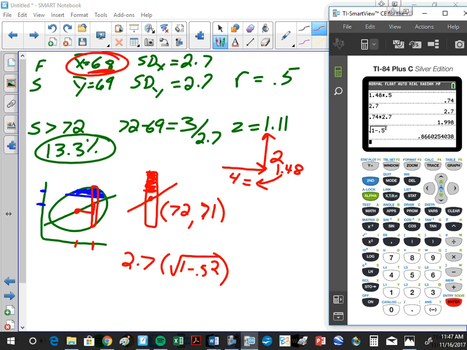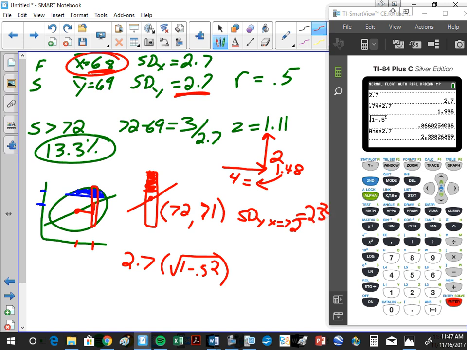So our new SD is going to be 86% of the old SD. We times this by 2.7, and we get 2.3, which we expected. The old SDY was 2.7, and the new one needs to be smaller than that. Okay, so I now have the SDY when x equals 72 is 2.33.